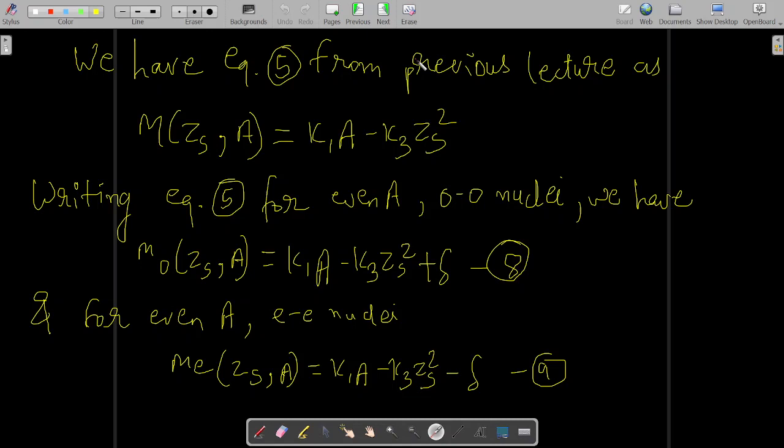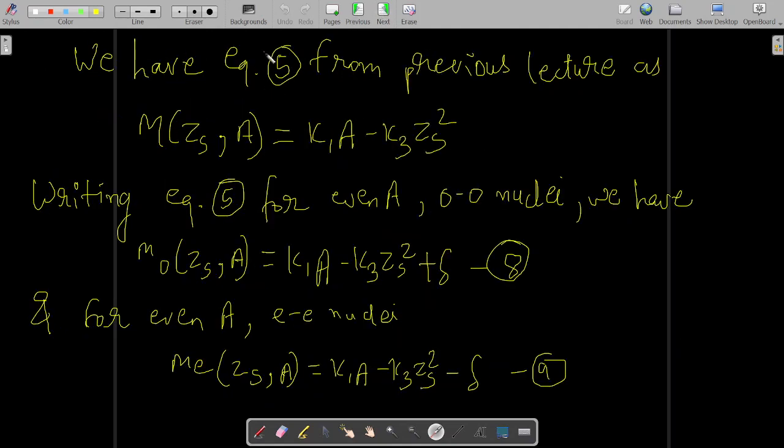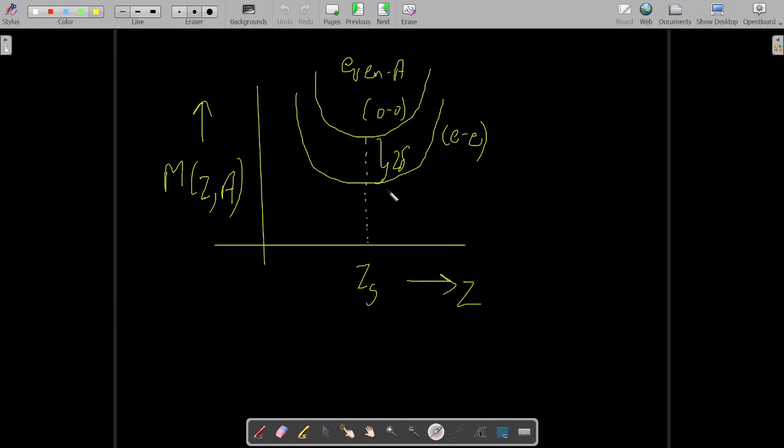From equation 5, which we derived in the previous class, M(ZS, A), where ZS means Z most stable, lies around this region. This is the line of ZS.